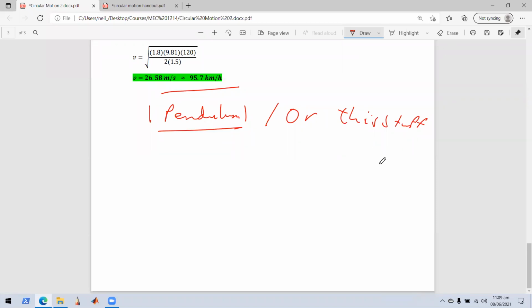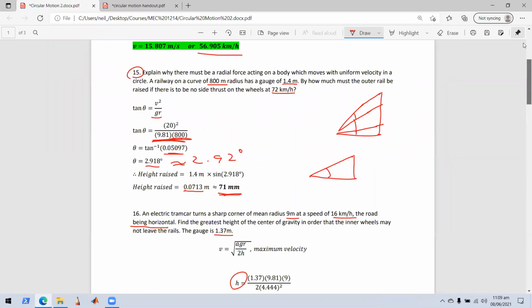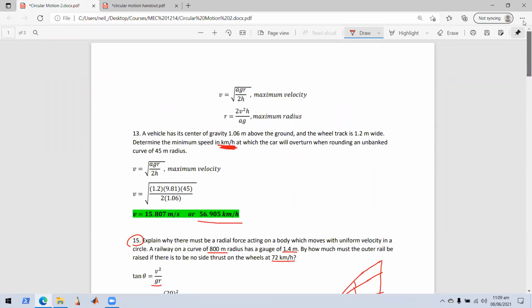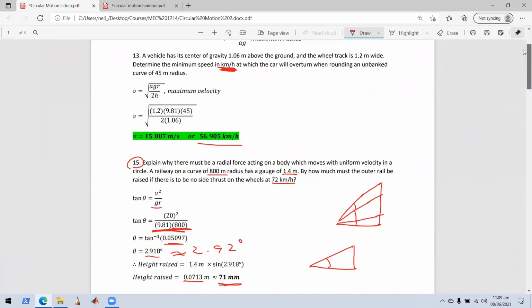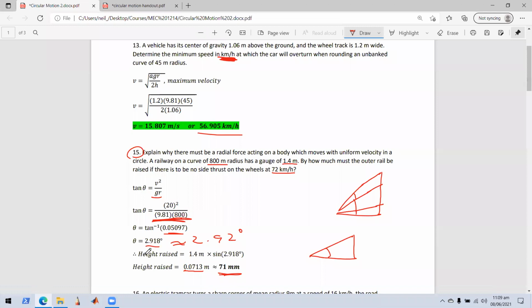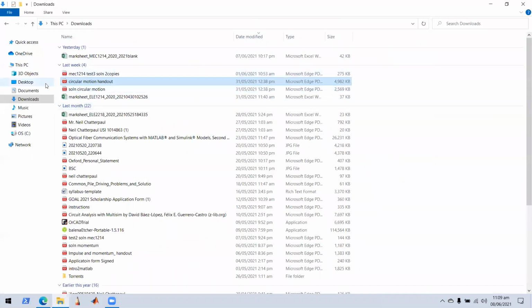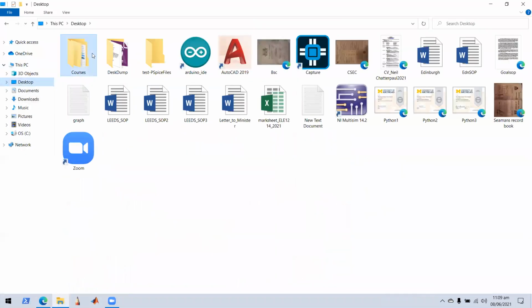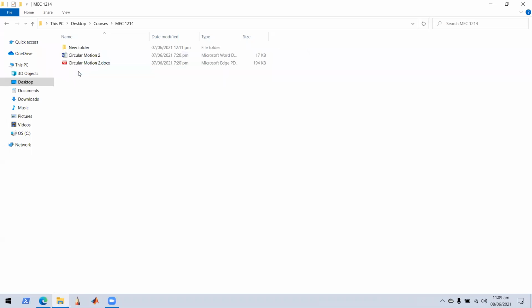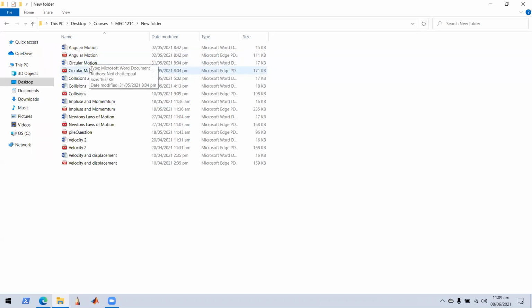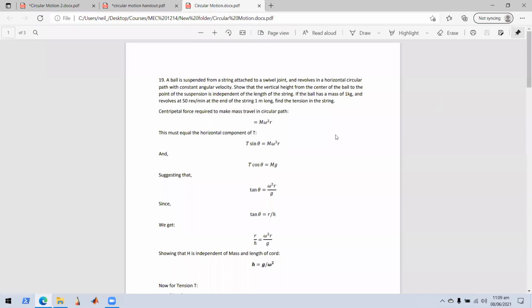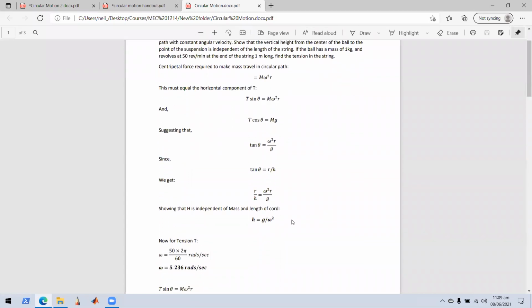Sir, Miss was saying there were some derivations of formulas that we need to know, for the pendulums? Yes. What I think she's referring to is the stuff we covered last week, like this stuff.